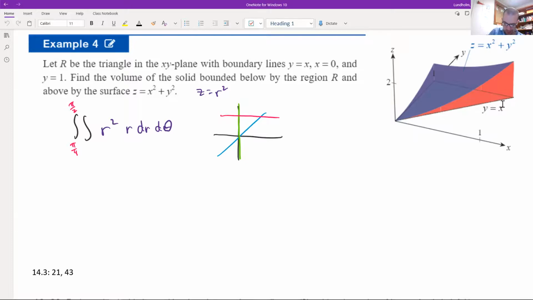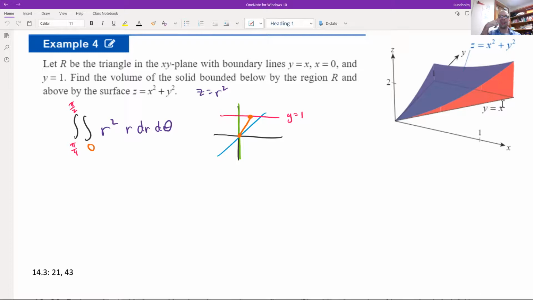What color haven't I used recently? Orange. Okay. We're making a radius that starts at 0 and ends at this line, which is y equals 1. So our radius starts at 0 and ends at y equals 1.